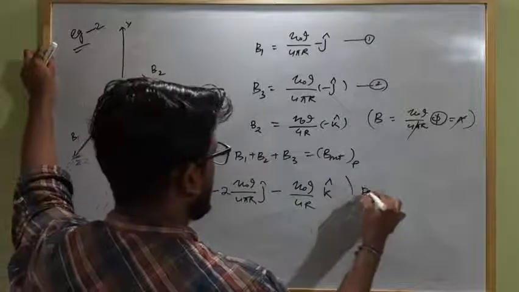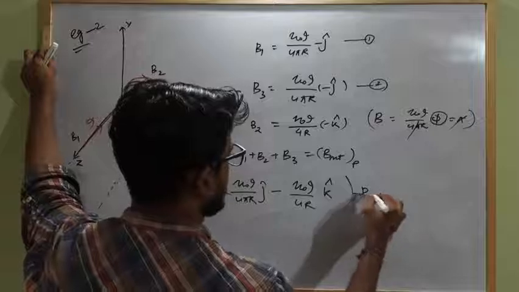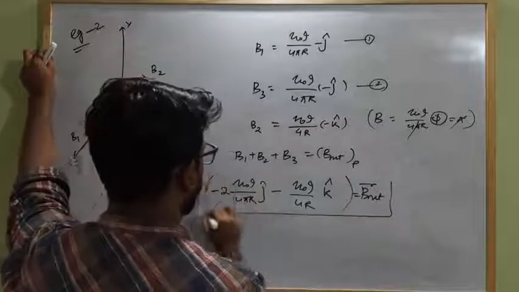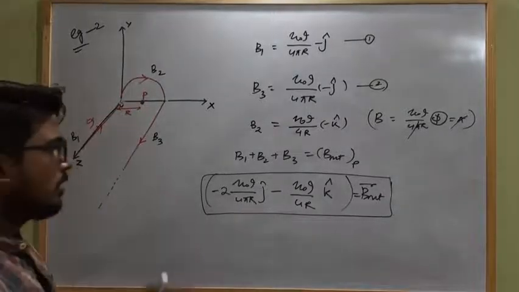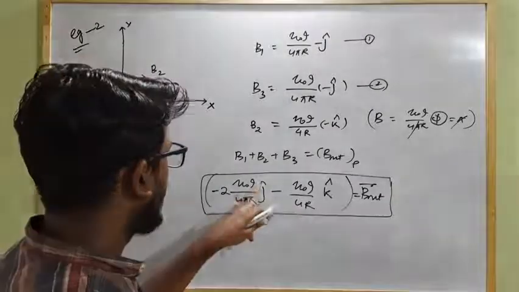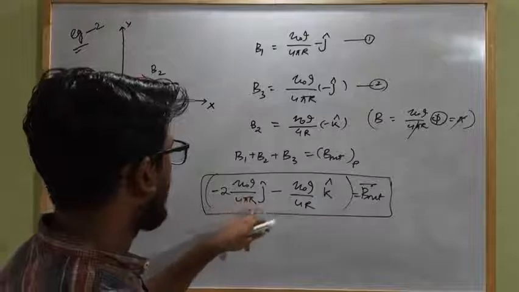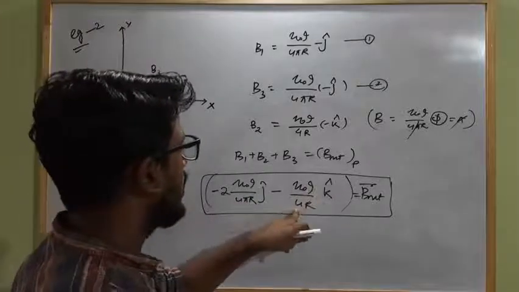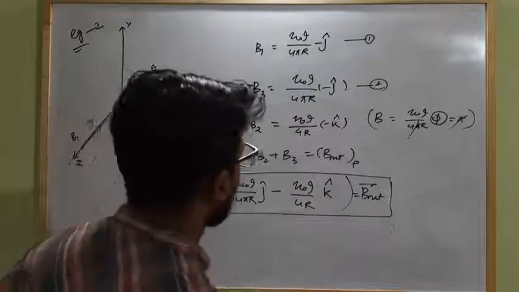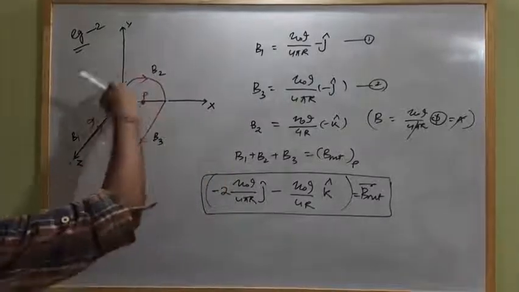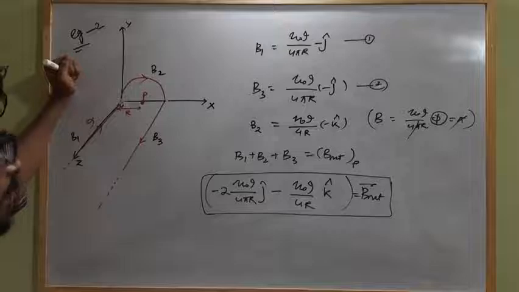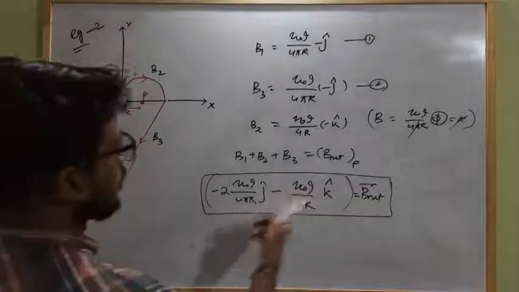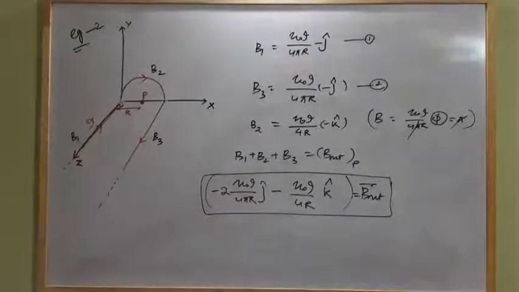This is the value of B net. In vector form at point P: minus 2 mu naught I by 4 pi r j cap minus mu naught I by 4r k cap. This is the net magnetic field strength at point P due to this three-dimensional current carrying segment. Clear? If you want the magnitude, you can calculate the magnitude of this.